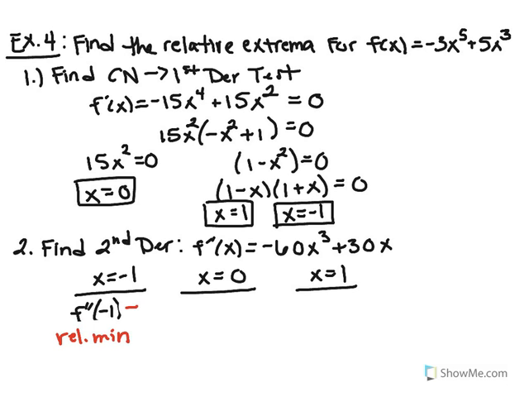When I plug x equals 0 into my second derivative function, I get a negative value, and I just realized that I made another mistake, but let's keep taking a look at this. So if my value is negative, it means it's concave downward, which means I have a relative maximum.